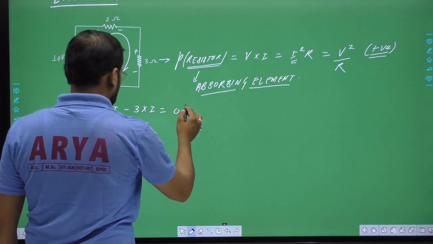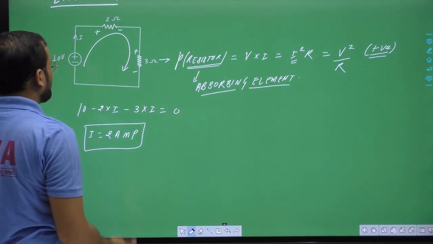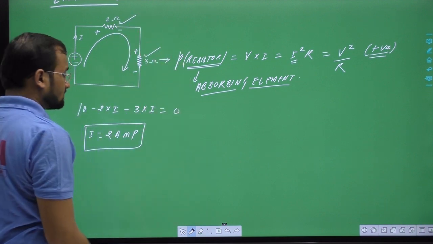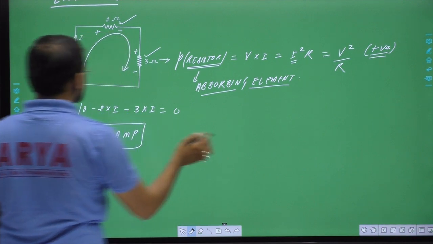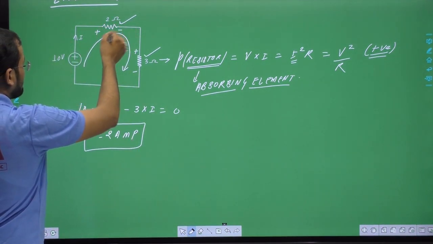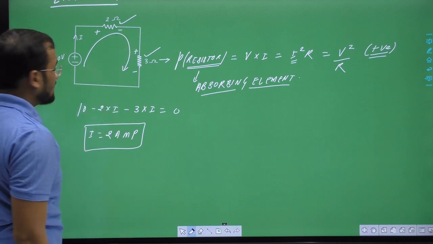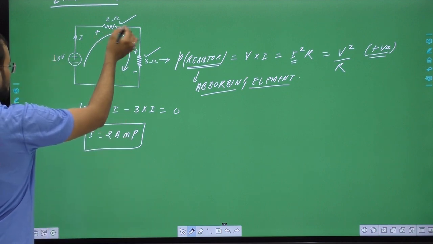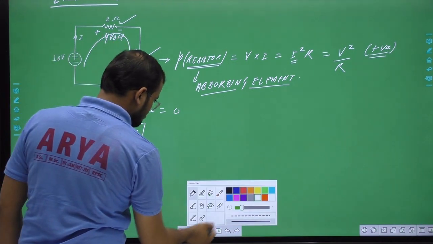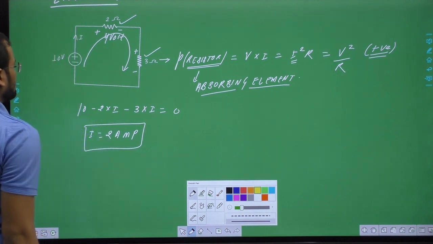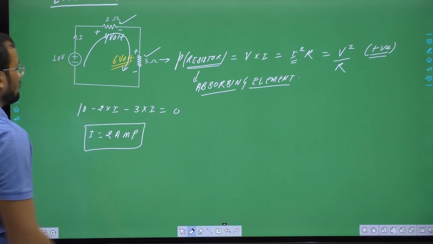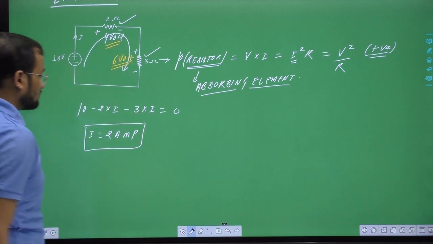If the value is 2 ampere and we have to find voltage drop and power dissipation across both the resistances, then first we have to find the voltage across that element. Generally we multiply I with R. This is 4 volt and this is 6 volt.